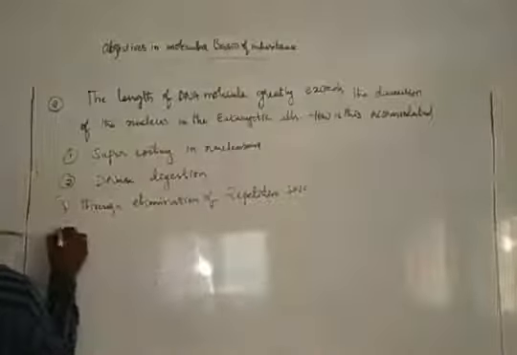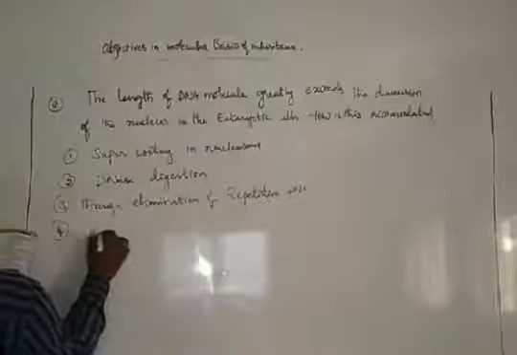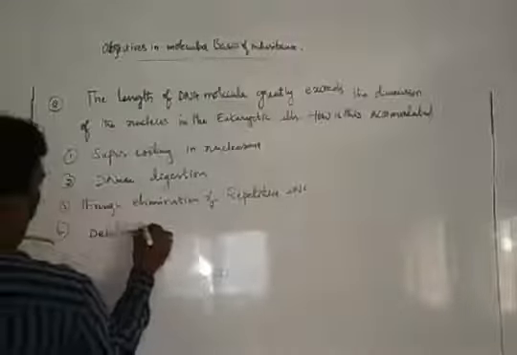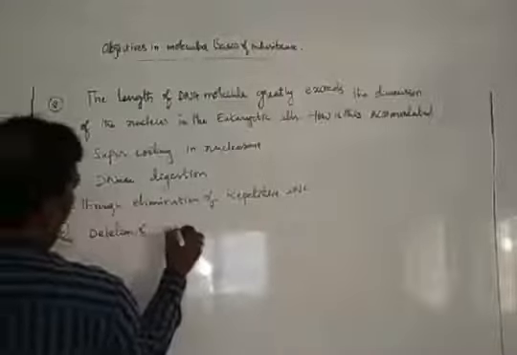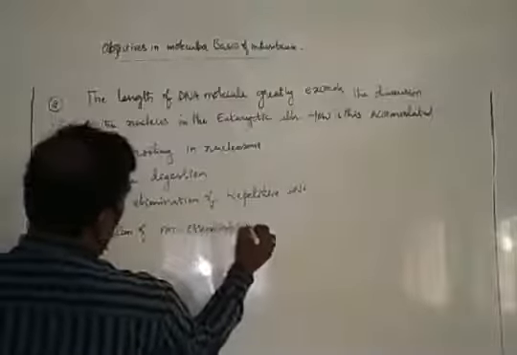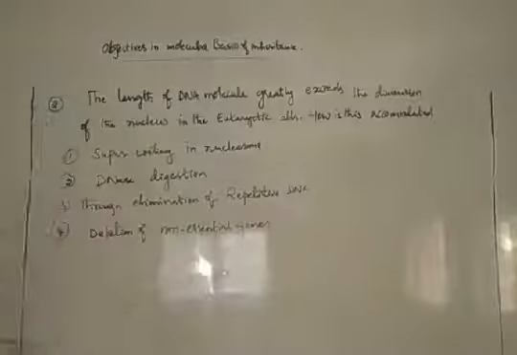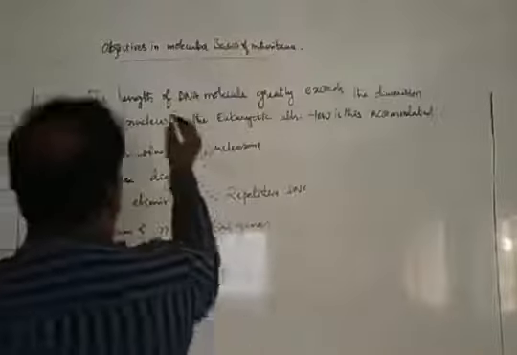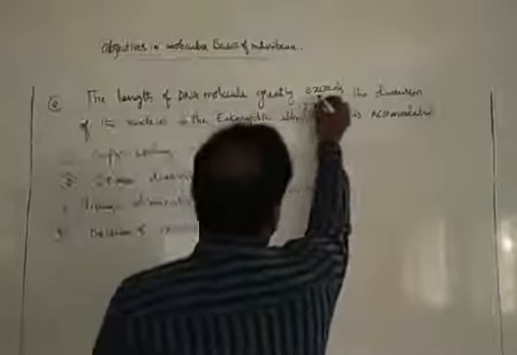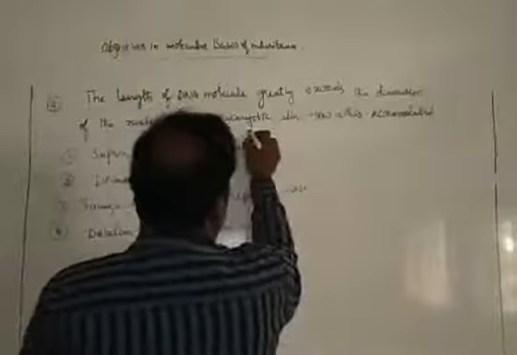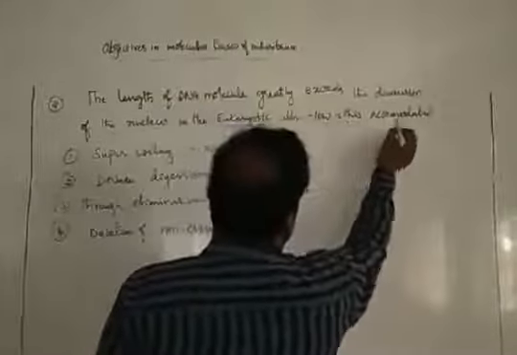And the fourth option, deletion of non-essential genes. So here, the length of the DNA molecule greatly exceeds the dimension of the nucleus in eukaryotic cells. How is it accommodated?